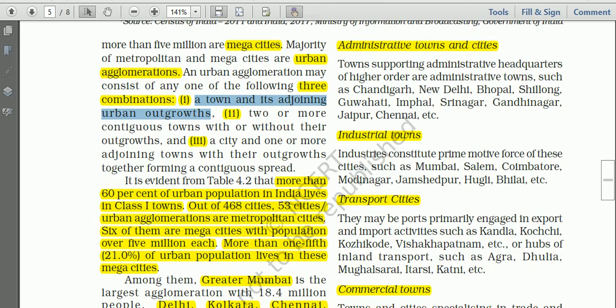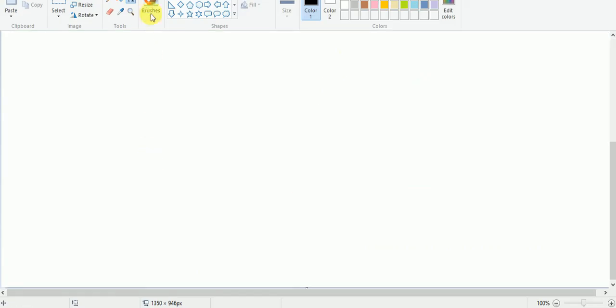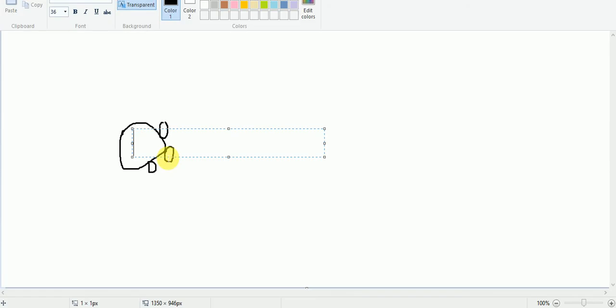See here. Let us say this is a town, and here some outgrowths may be there, contiguous, connected with the town.